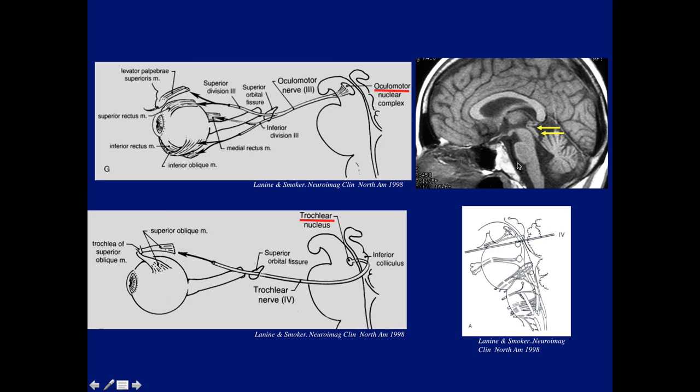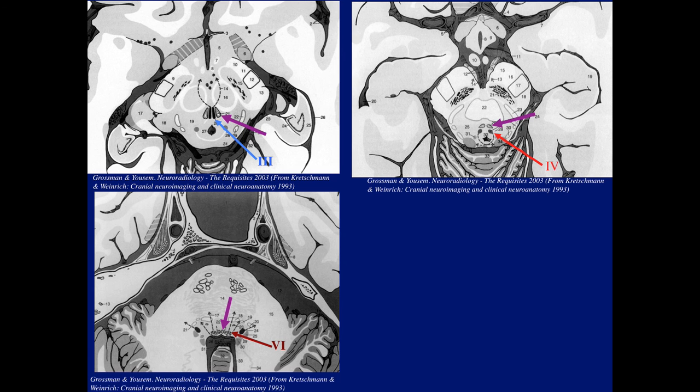And on regular axial imaging, we're lucky just to get one image through the quadrigeminal plate. And unless you have it angled appropriately, it's very hard sometimes to say on regular imaging, are you at the level of the superior colliculus or the inferior colliculus? So again, all these structures are very close together.